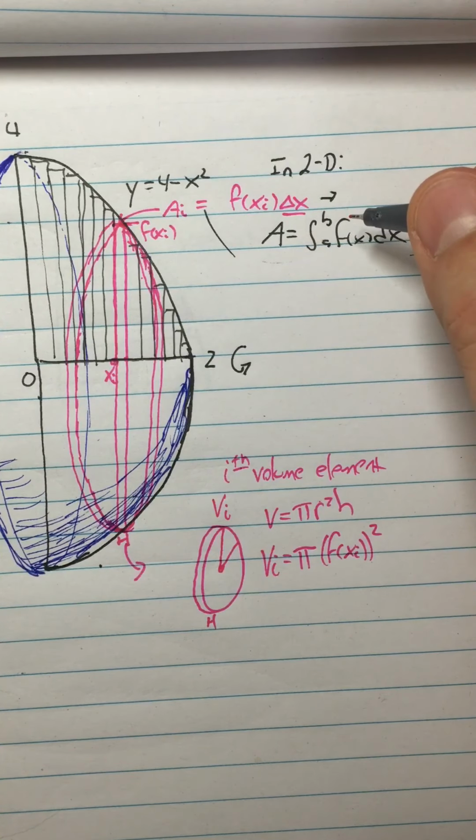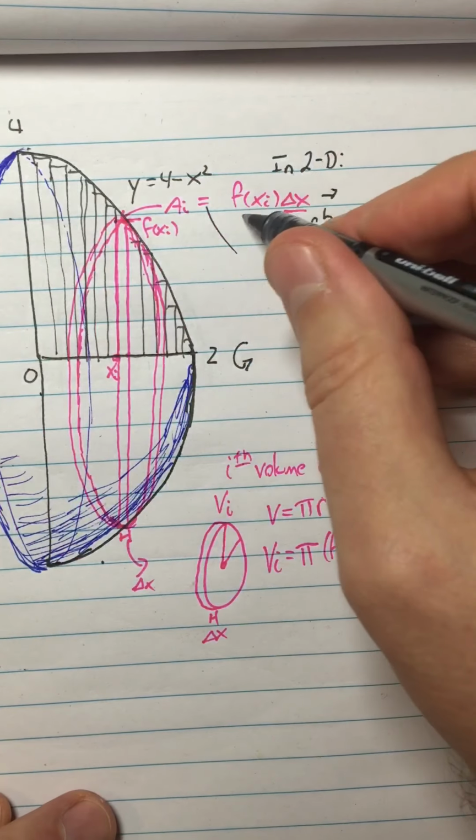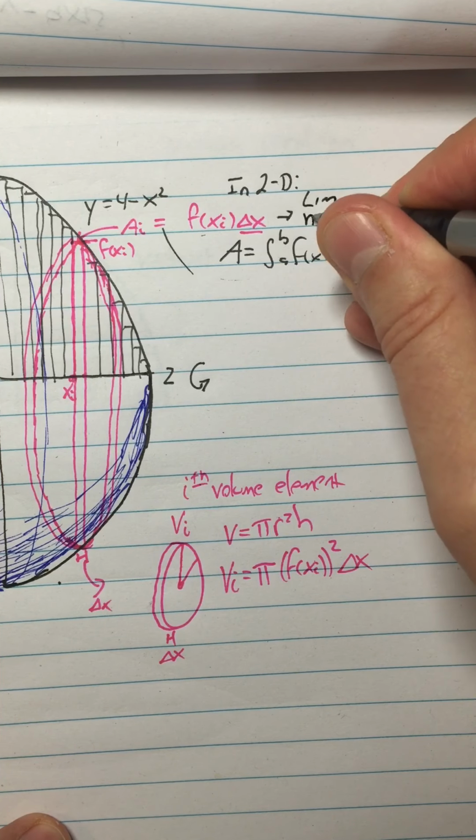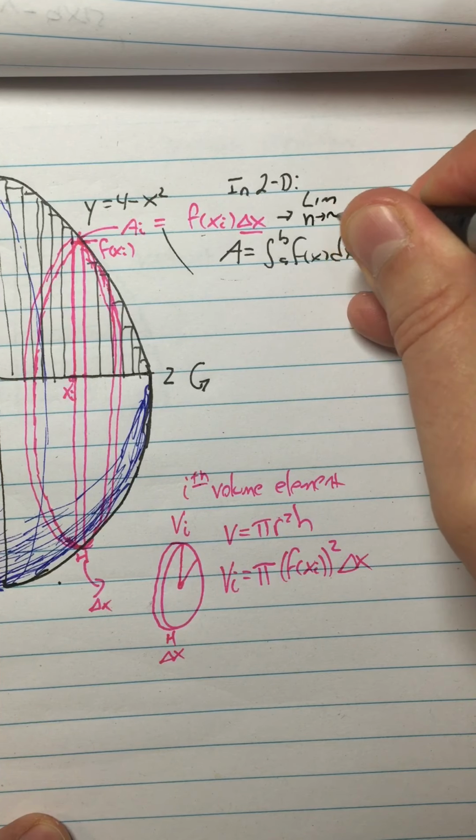So then, just as with areas, to get from this ith volume to the total volume, you're taking a limit as n approaches infinity, the number of rectangles. There's a lot more going on than that, but this is the essential guiding process.